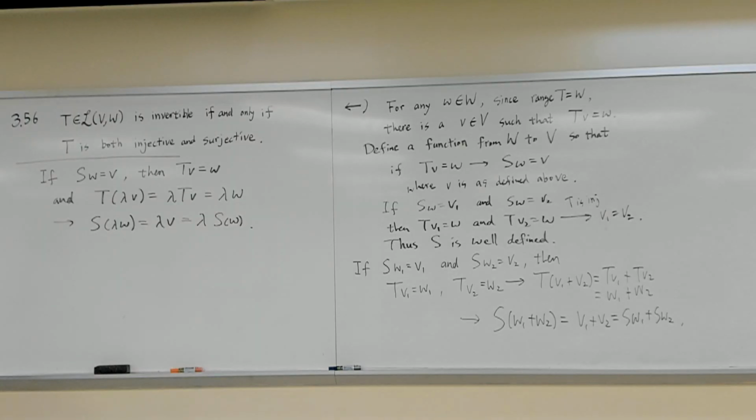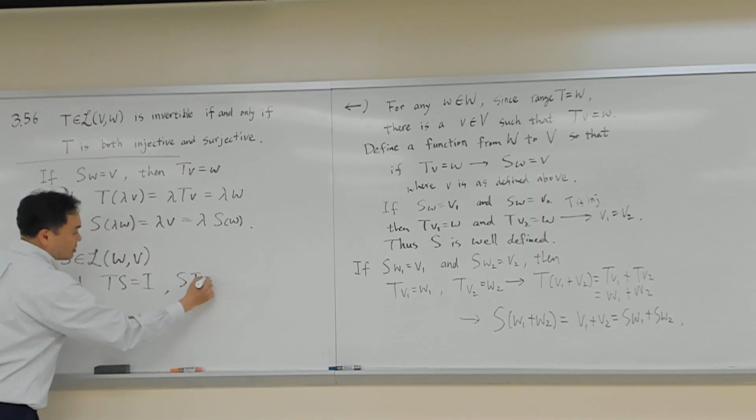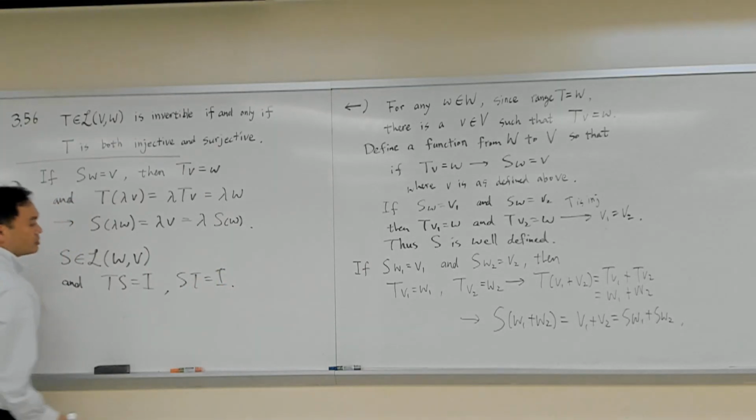So we're done. These two arguments show additivity and homogeneity, and therefore S is really in the linear maps from W to V, and TS is identity, and ST is identity as well. These two are easy to check, straightforward from the way we made the map.